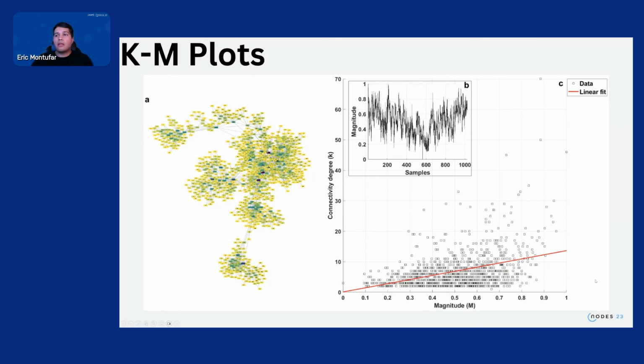This method has also been used a lot in detecting seismic activity in time series. There are some researchers doing that, and it has been proven to be a really useful method.